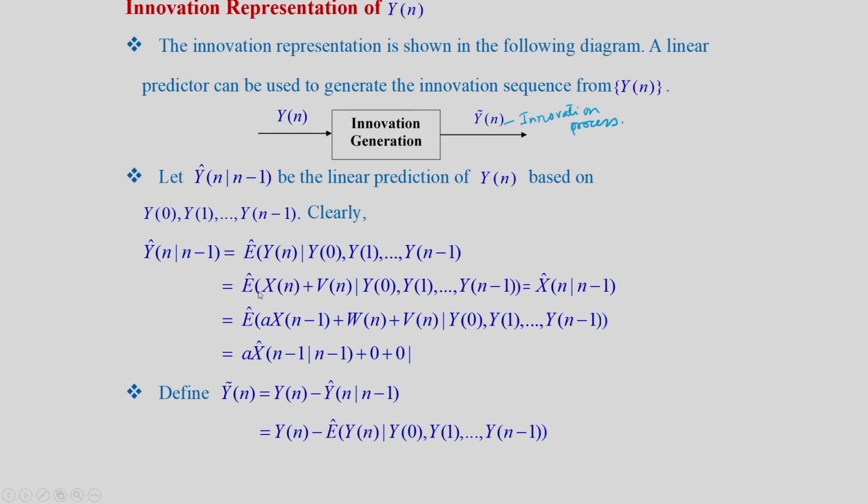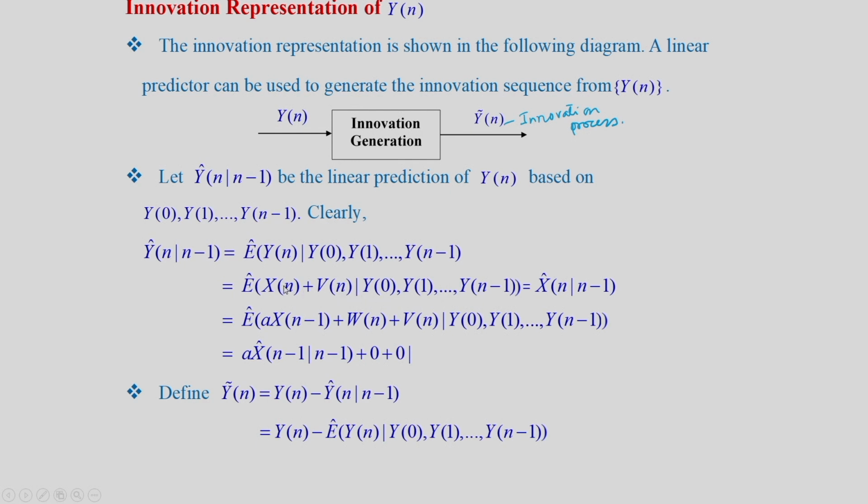Now, this yn we can write as xn plus vn. Therefore, this expression will be equal to E cap of xn plus vn given y0, y1 up to yn minus 1. The linear estimation of noise, because it is uncorrelated with the data, will be 0.